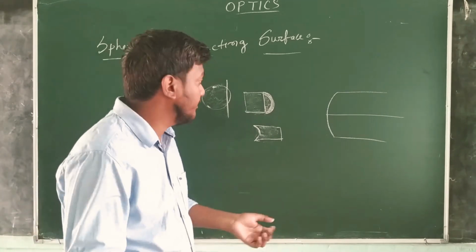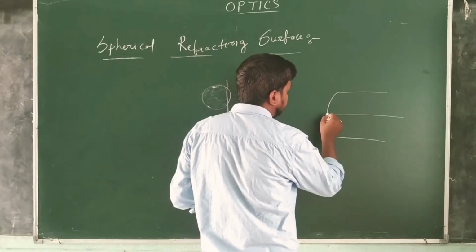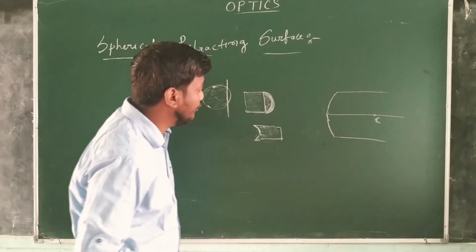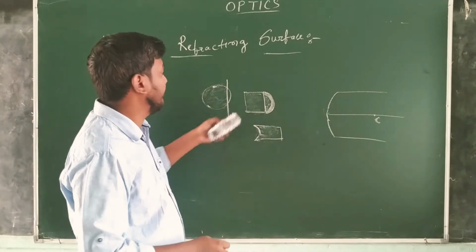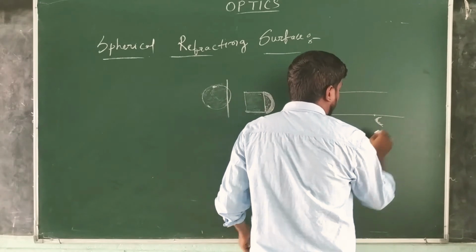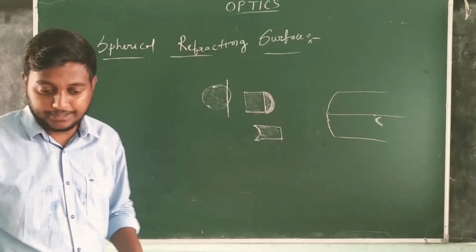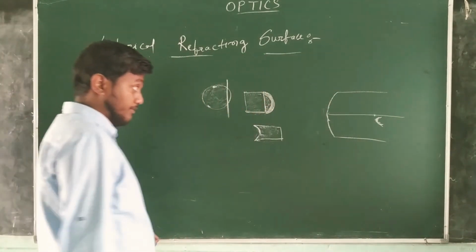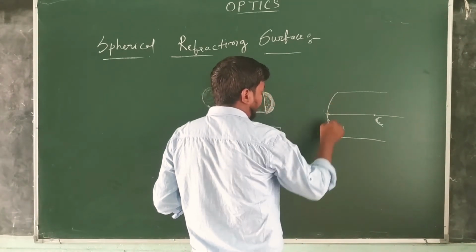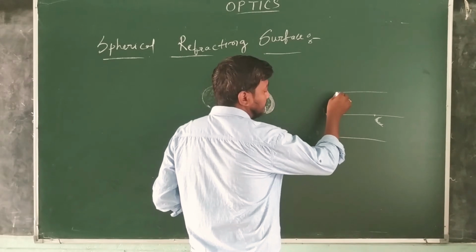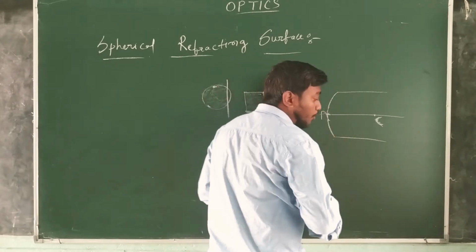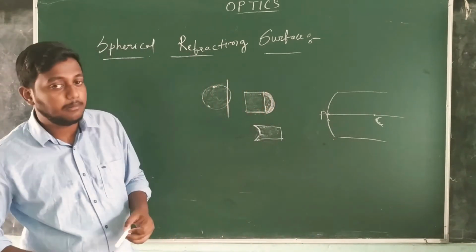Just like the center of the spherical surface from which the spherical refracting surface is made is known as the center of curvature. The midpoint of this refracting surface is called the pole.